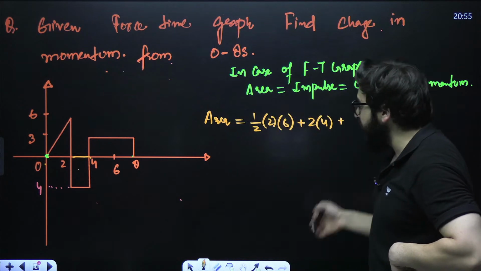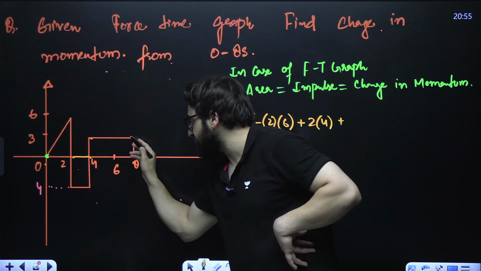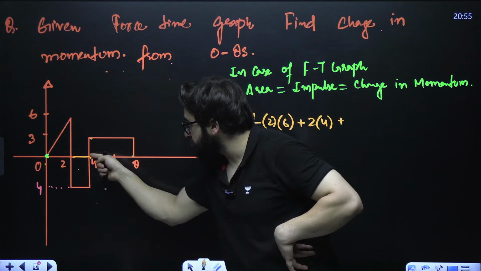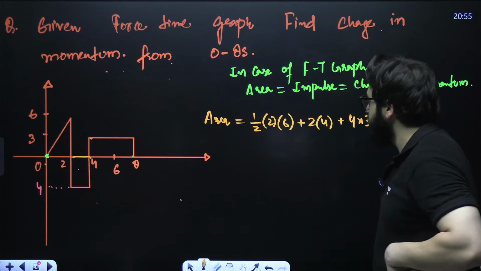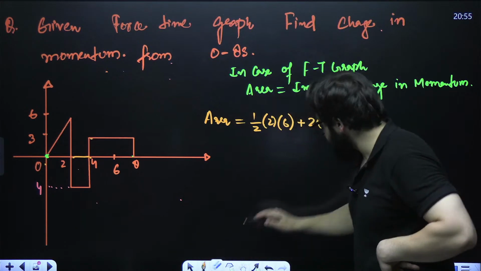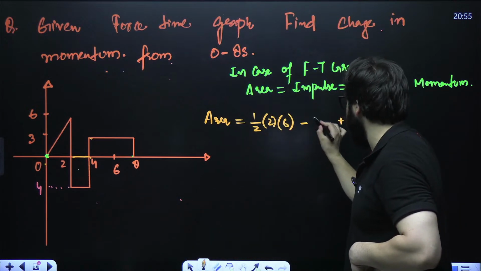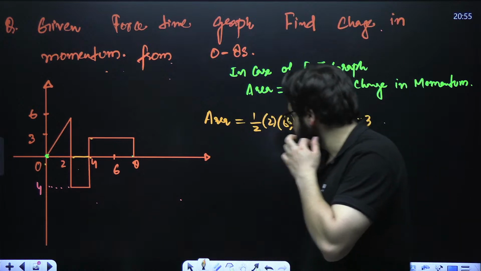So how much is that? That is length into breadth. Length is how much? That is 8 minus 4 is 4. 4 into 3. I'll write 4 into 3. Okay, and guys, take this area as negative because the lower area we take as negative. Minus 2 into 4.